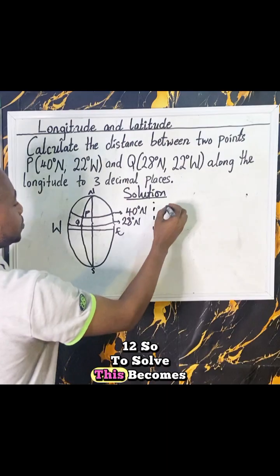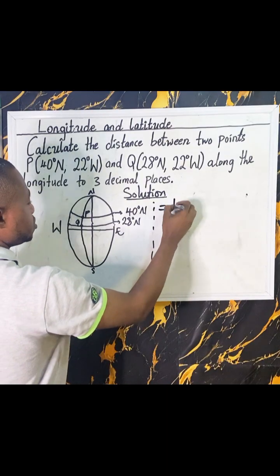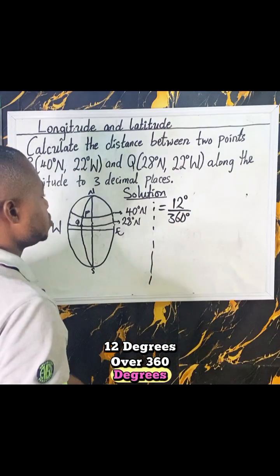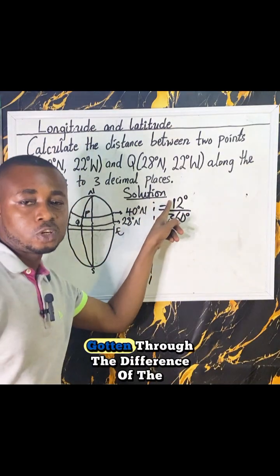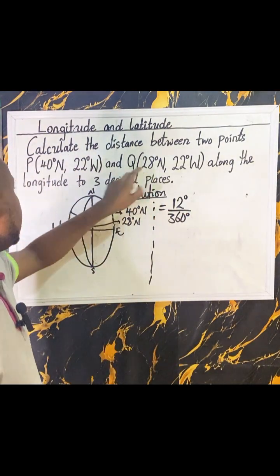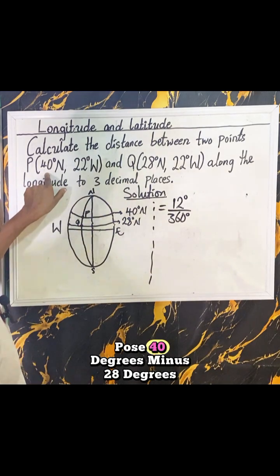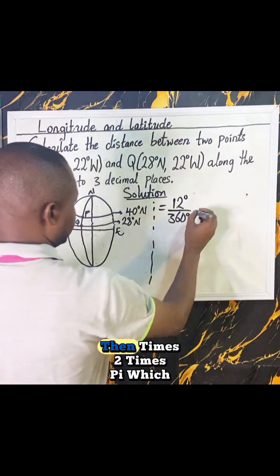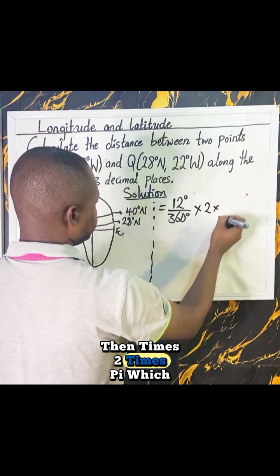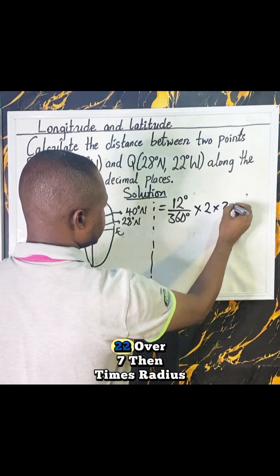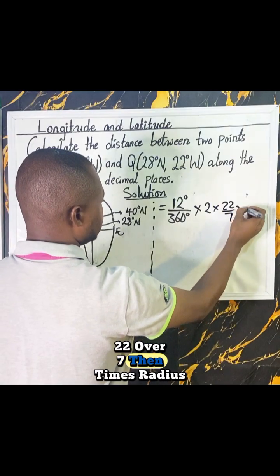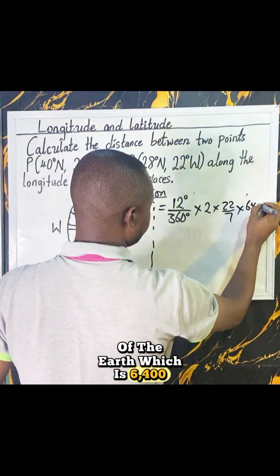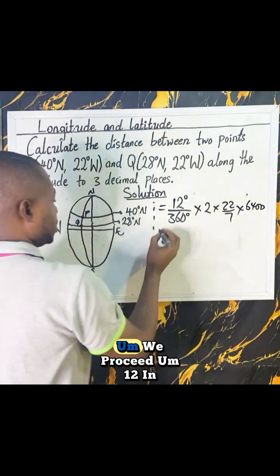So to solve this becomes 12 degrees over 360 degrees. Do not forget, 12 degrees is gotten through the difference of the poles. 40 degrees minus 28 degrees, that's how I got 12 degrees. Then times 2 times pi, which is 22 over 7. Then times the radius of the earth, which is 6,400.